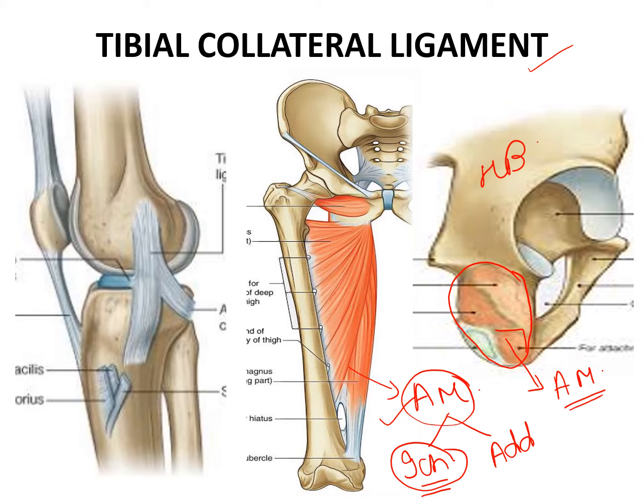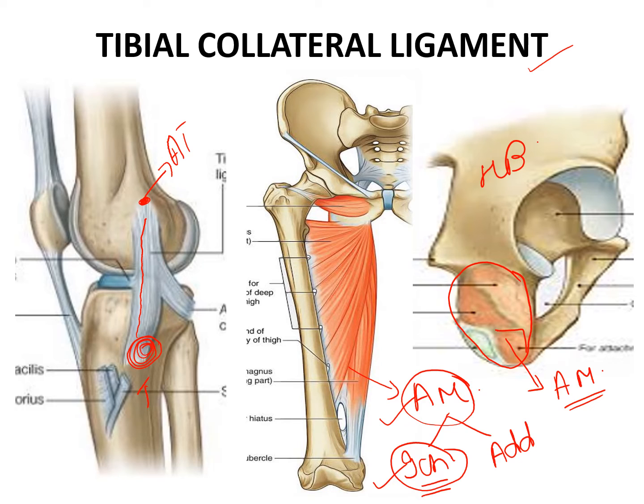Let us look into it in detail. Before we assumed an upright posture, the adductor magnus, which component? The ischial component was actually attached to the upper medial surface of the tibia. But once we assumed an upright posture, its insertion shifted above to the femur and got attached to the adductor tubercle.